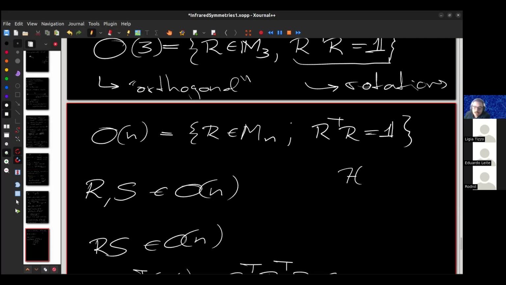So, to avoid using the letter R, I'm going to consider A, an operator on this Hilbert space, which is a linear transformation from the Hilbert space to itself.